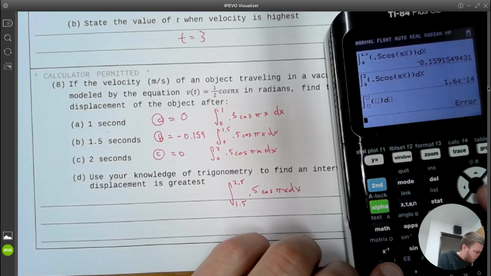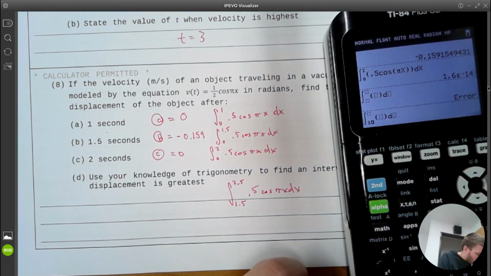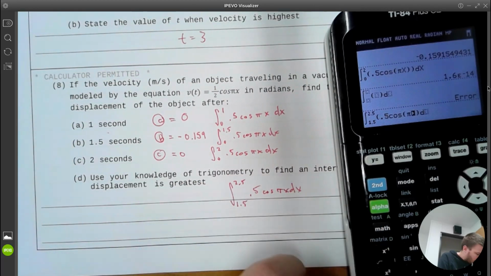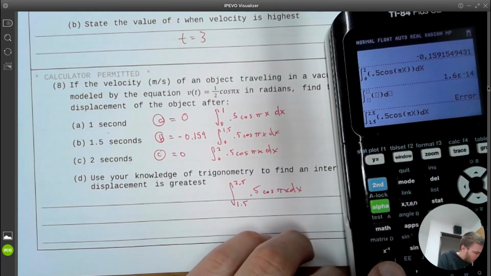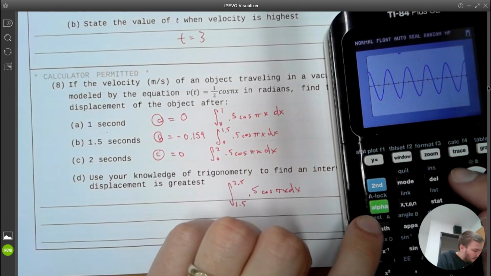Oh shoot, don't do that. 1.5 to 2.5 of 0.5 cosine pi x dx. It's going to get me a positive number, and I don't think I can get a bigger number than that, because look, I can even do this.